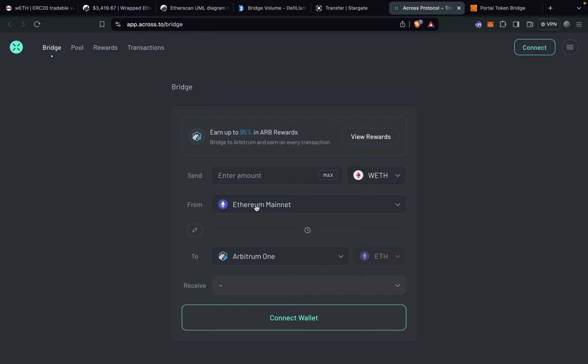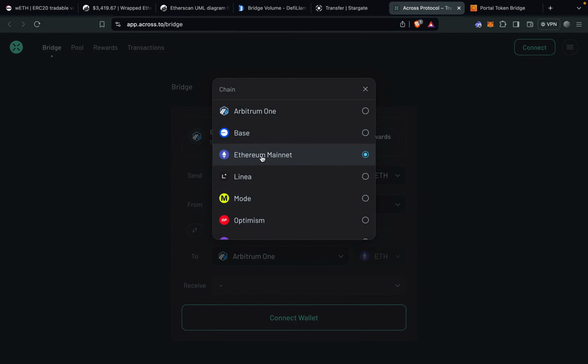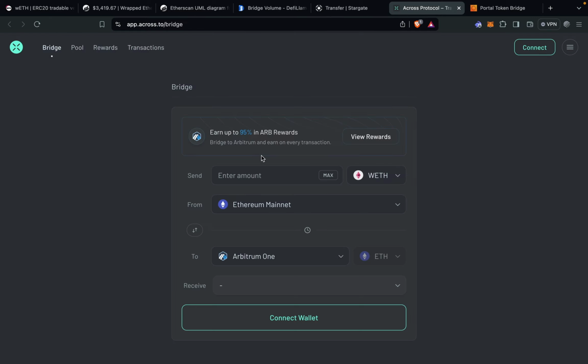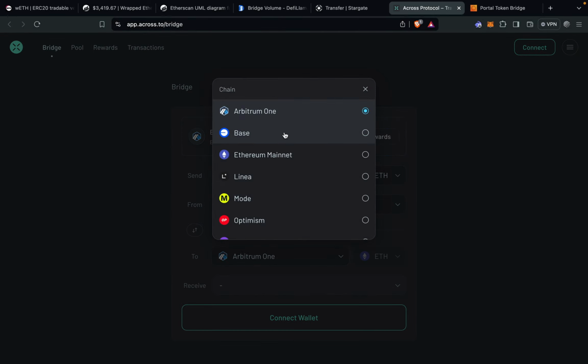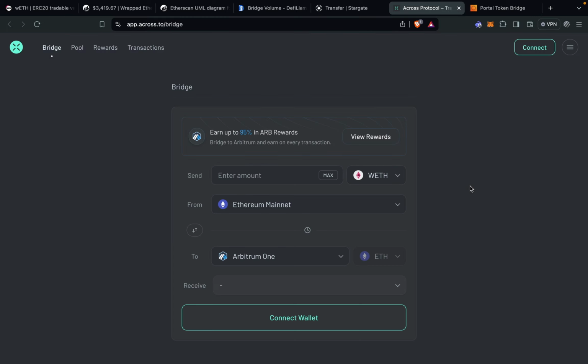You can enter the amount, you can select the source network. If you have wrapped Ether on Ethereum mainnet, you can select Ethereum mainnet here and the network that you want to transfer your wrapped Ether to. You can take your wrapped Ether to Arbitrum, Base, Optimism, or Linea, and you'll be able to try out many dApps with a lot less transaction fees.